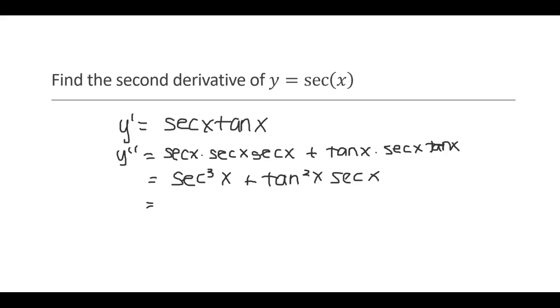So I could factor out a secant, and then that leaves secant squared plus tan squared.